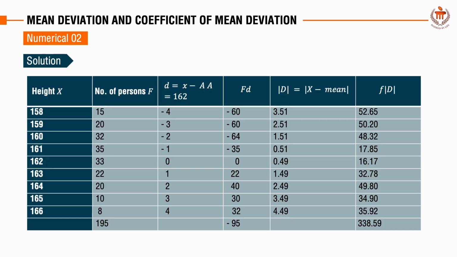This modulus of d I multiply with the frequency. The frequencies given to us are 15, 20, 32, 35, 33, 22, 20, 18, 10, 8.